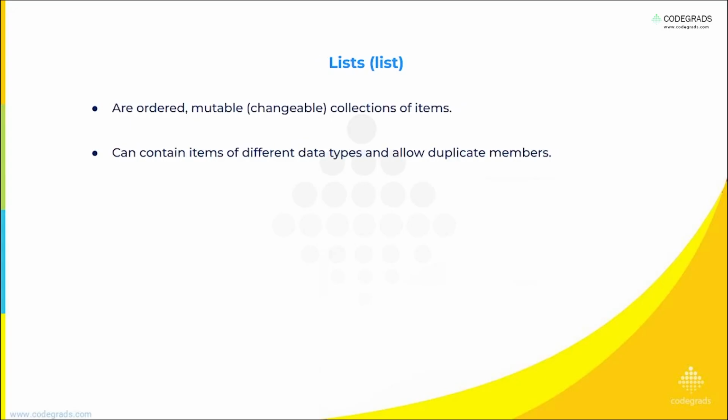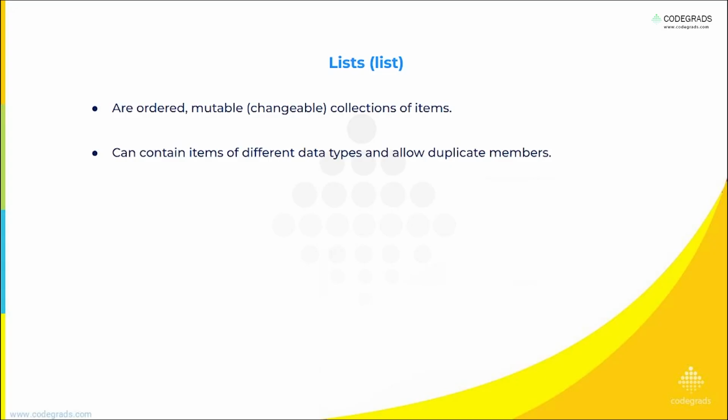Now, next we have list. Lists are ordered and mutable. Mutable means we can add, update, and delete items. A list is a collection that can contain items of different data types and allows duplicate members. So duplicate values can also be used in a list, and a list is denoted by square brackets. It can store multiple values like a collection, and it can contain different types.